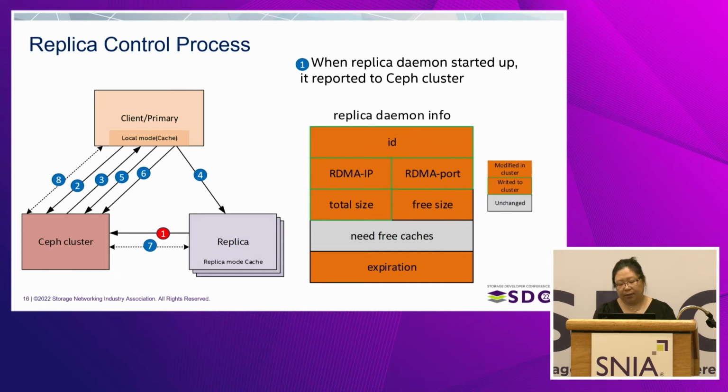When the Ceph cluster allocates the cache, it will reduce the size from the free size. And expiration, because there is the heartbeat between the replica and the Ceph cluster, expiration will be updated once they receive the heartbeat. At the beginning, the need-free cache is empty when the replica starts up.